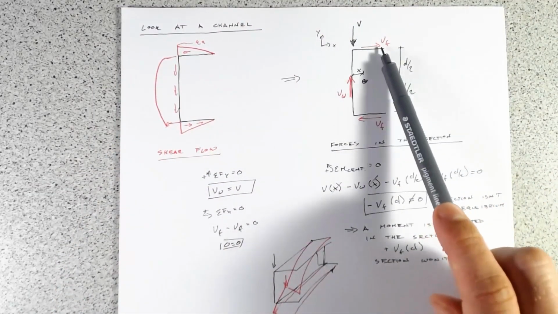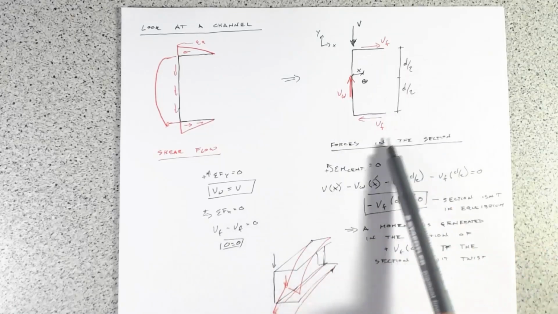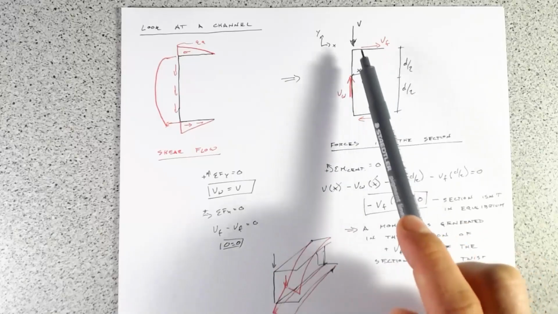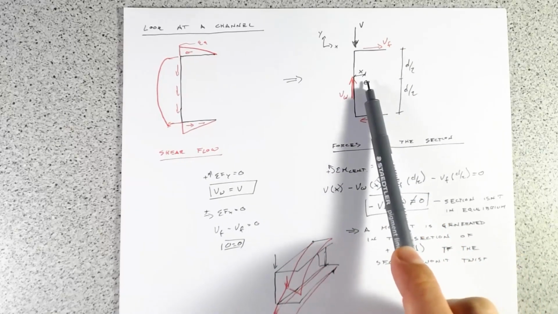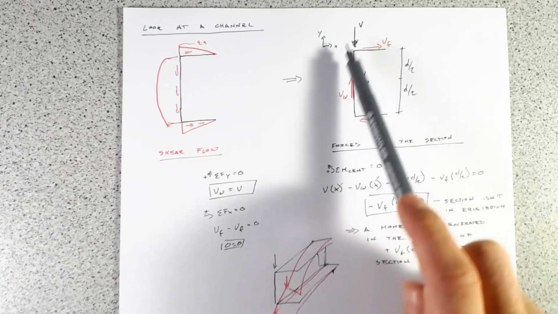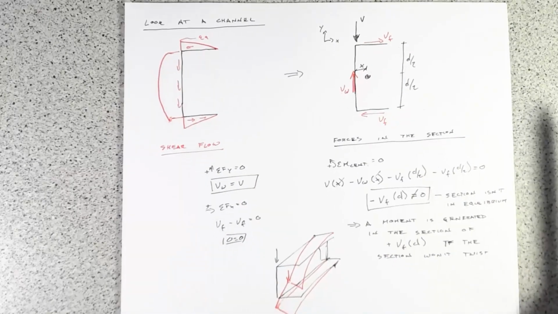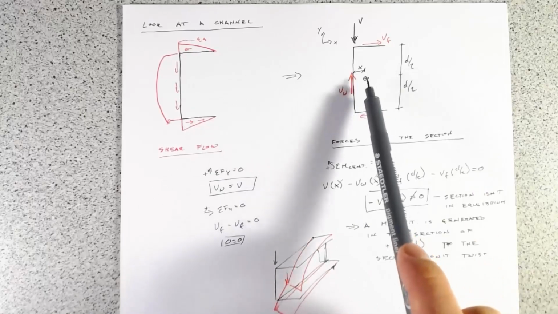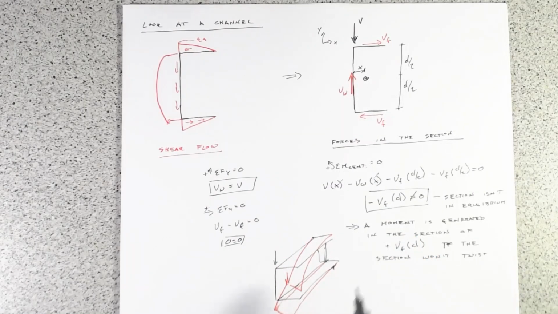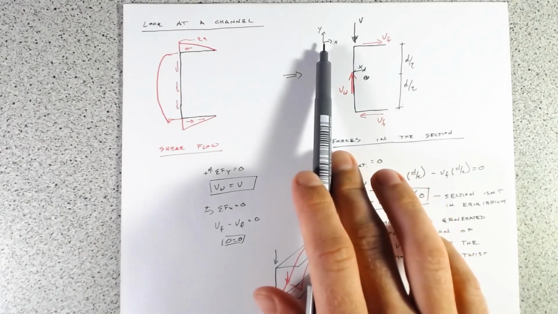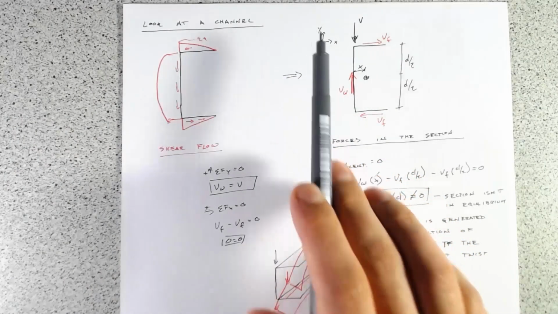We've got a moment generated, spinning in this direction, sort of clockwise, from our flanges. If we put our load in the centroid, there's also an additional clockwise moment just from the shear flow of the web. So it gets even worse loading through the centroid. So if we want to counterbalance the load, we actually have to load out over here.